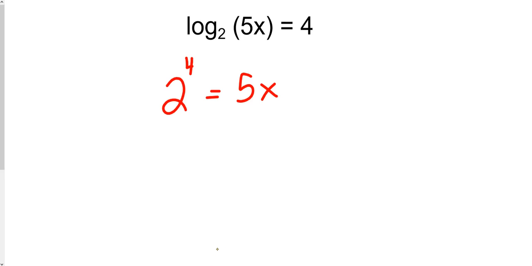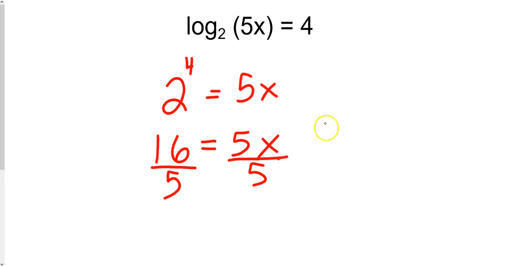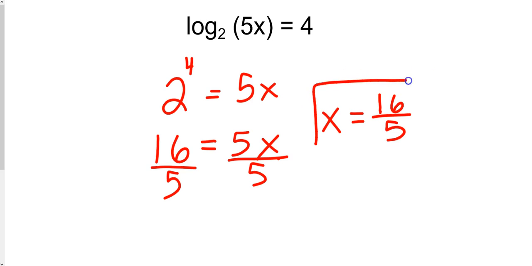And now you're ready to solve. The first thing you've got to figure out is, what is 2 to the 4th? That ends up being 16 equal to 5x. Then get the x by itself by dividing. Divide by 5, divide by 5. X equals 16 over 5. Not 1.6 over 5, that is 16 over 5. There you go, there's your answer.